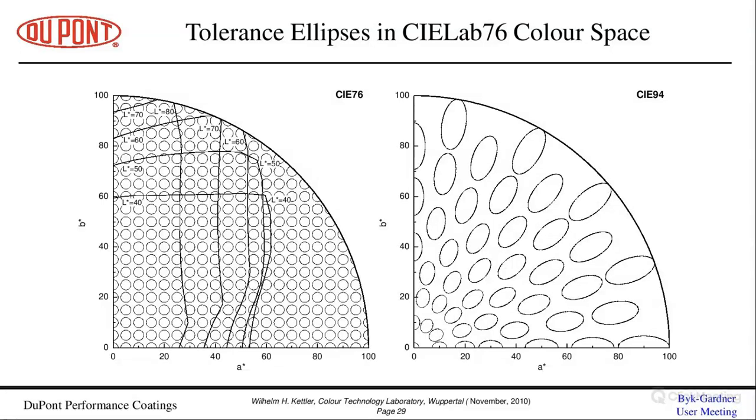So depending on where I am in color space, my ellipse size is going to change. If I look at the CIE94 scale on the right side, the ellipses change and they get longer the farther away I am from the 0 point, because my chroma is increasing as I go away from the 0 point. And remember, my chroma doesn't affect me as much as my hue shift for some colors, but for any chromatic colors, you're going to have more of an elliptical and not a circle for your tolerancing.